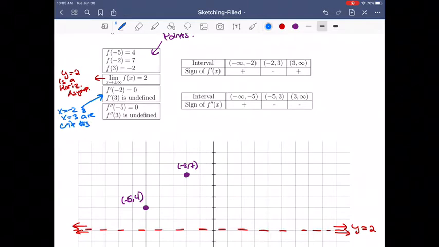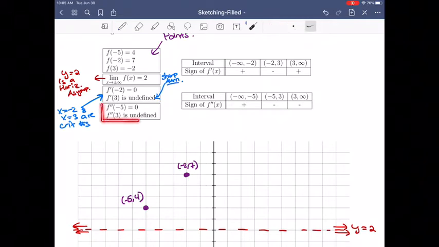So remember how you find critical numbers, you want to know where the derivative is 0 and where it is undefined. Okay, and because these are all in the domain, they're critical numbers. Now because f prime of 3 is undefined, but we're continuous there, we're likely going to have a sharp turn. Okay, so we should be expecting a sharp turn there.